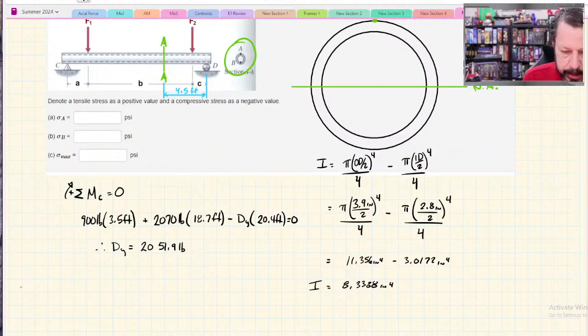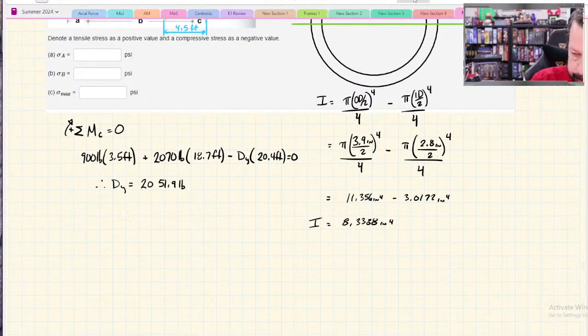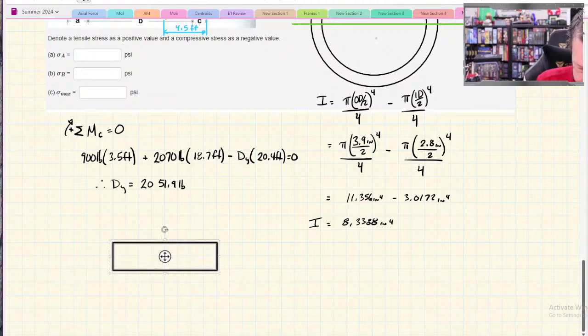Now we're going to cut the beam at section AA. I'm going to draw the right-hand side, so that's going to look something like this. I wish I could make dotted lines without having to erase, but I don't know another way to do it. So that's kind of showing that it's a hollow tube.